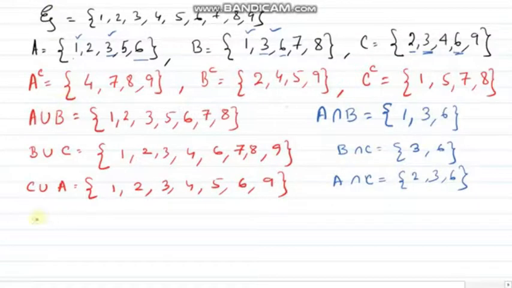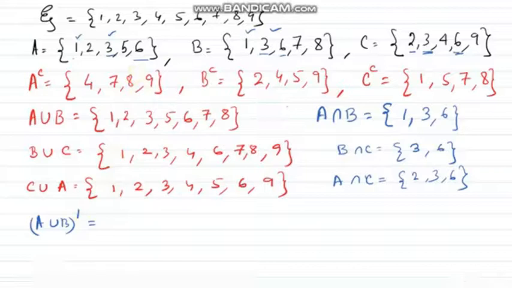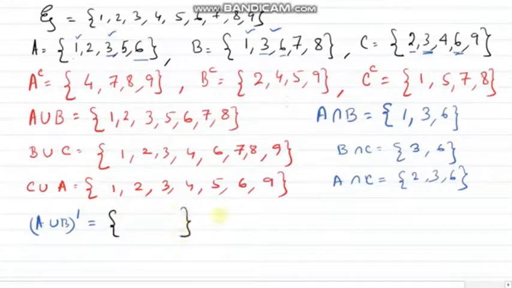Now if I ask A union B complement, things are getting tougher, I know, but still try to do it. A union B complement will be epsilon minus A union B. So if from epsilon I take out all the elements of A union B, I will be left with 4 and 9, right? So that will be A union B complement. What will be B union C complement?